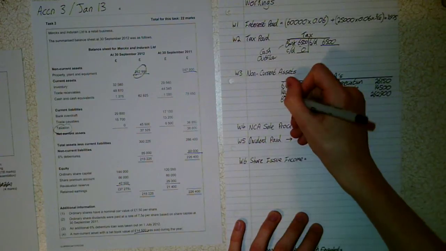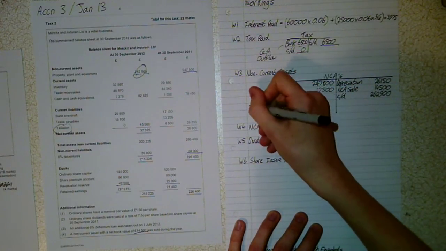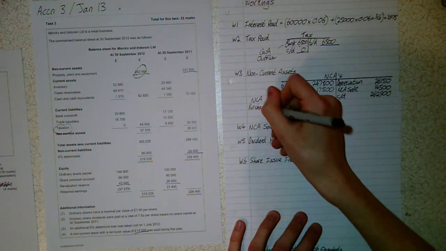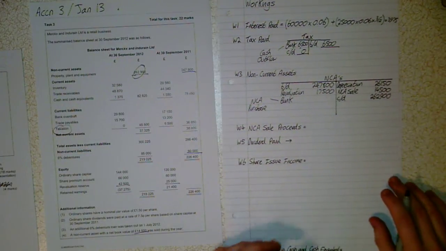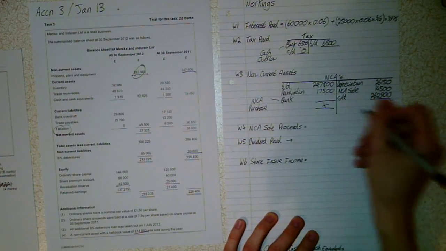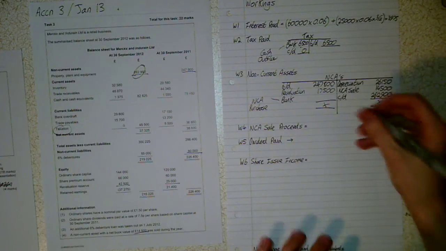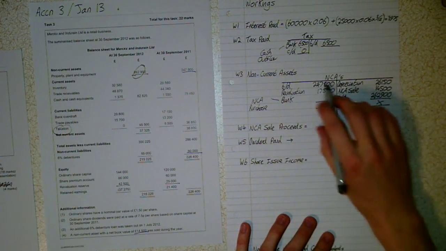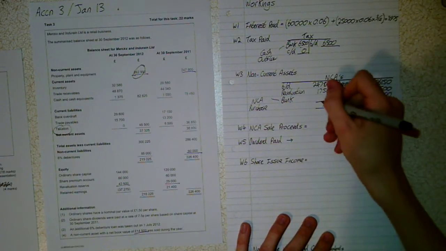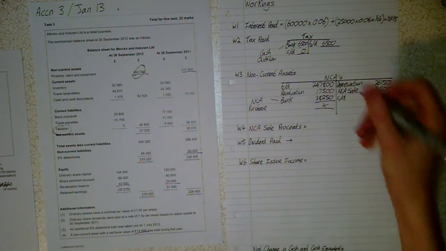So I'm just going to put bank here, but that essentially means NCA purchase. So now these two sides need to equal each other. I'm just putting X to show that they need to equal each other. And if you work out all these figures here, take away these two figures here, you'll come up with a purchase figure of 38,250.